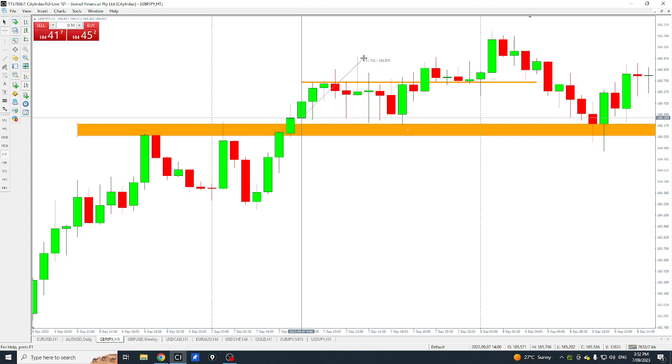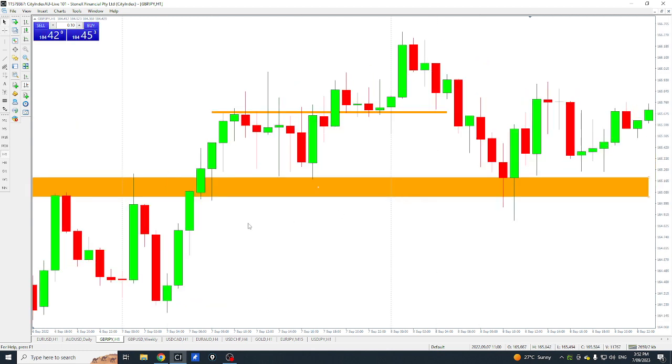This went 70 pips. So even if you take a 1 to 2 risk reward ratio, you would have got out of here and made money. I'm just saying that I'm not going to give you exactly how I trade, but I can give you a little bit of a taste of the break and retest trading strategy.